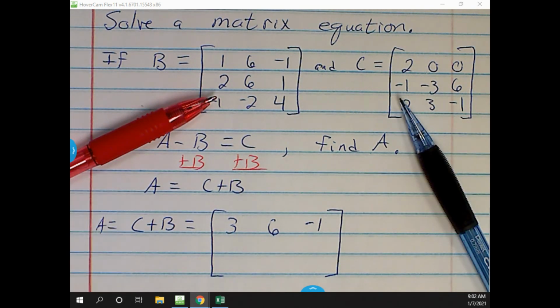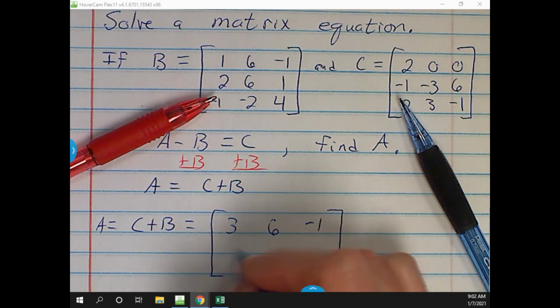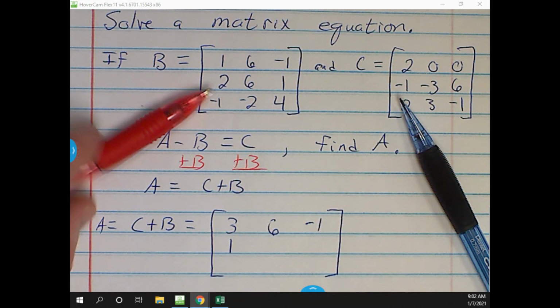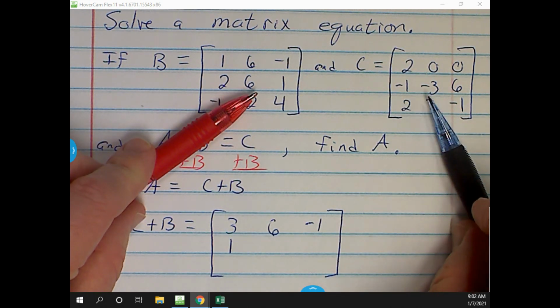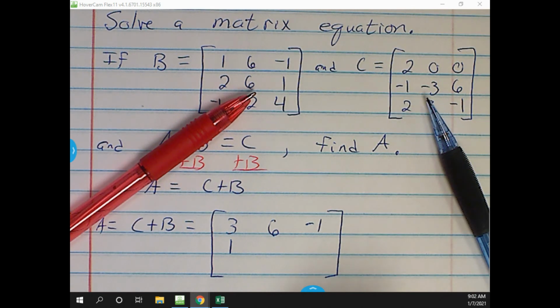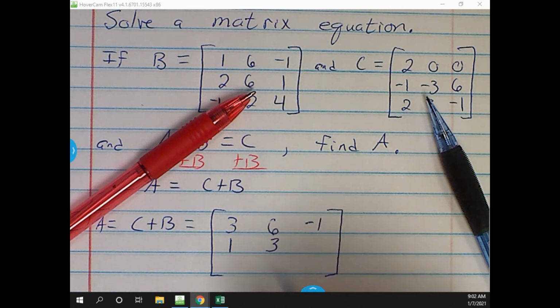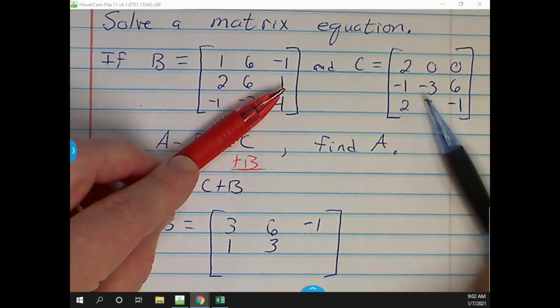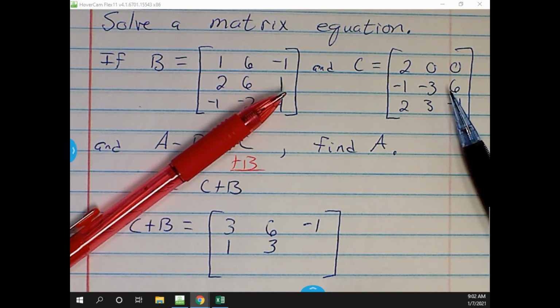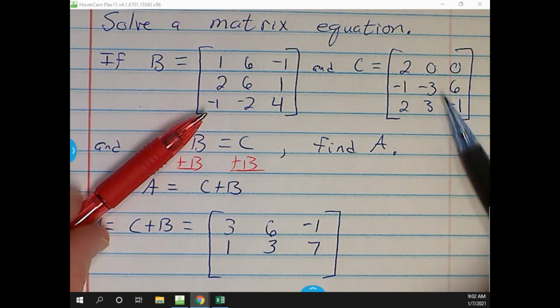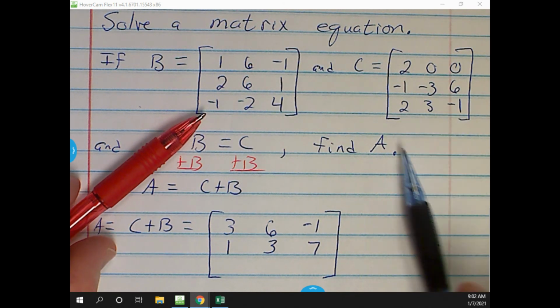So now it's 2 plus -1, which would be 1. It's 6 plus -3, which is really 6 minus 3, which is 3. And then it's 1 plus 6, which would make it 7. Okay, and then we go to the last row, and then we'll start working from there.